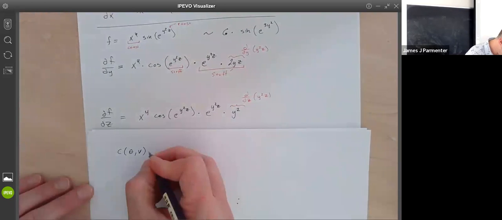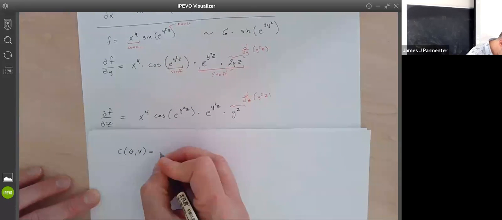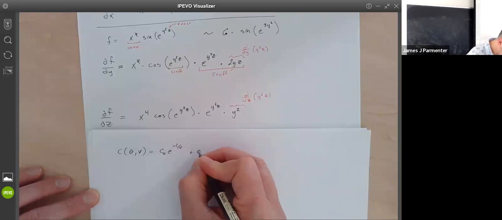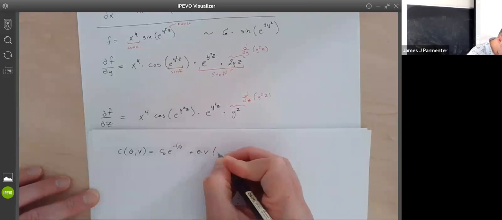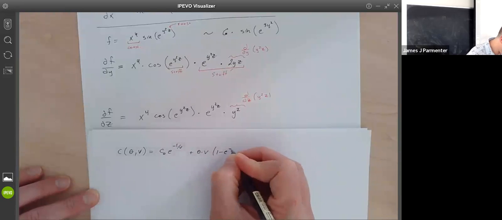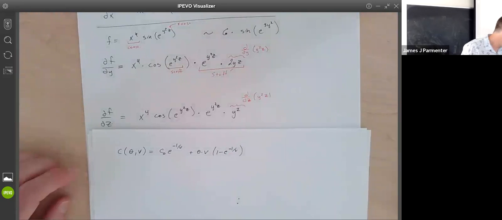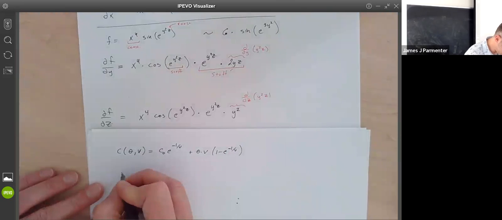We'll figure it out. The concentration is given by C0 times e to the -1 over v plus theta times v times 1 minus e to the -1 over v. That looks gross. It's not that gross. It just looks gross.